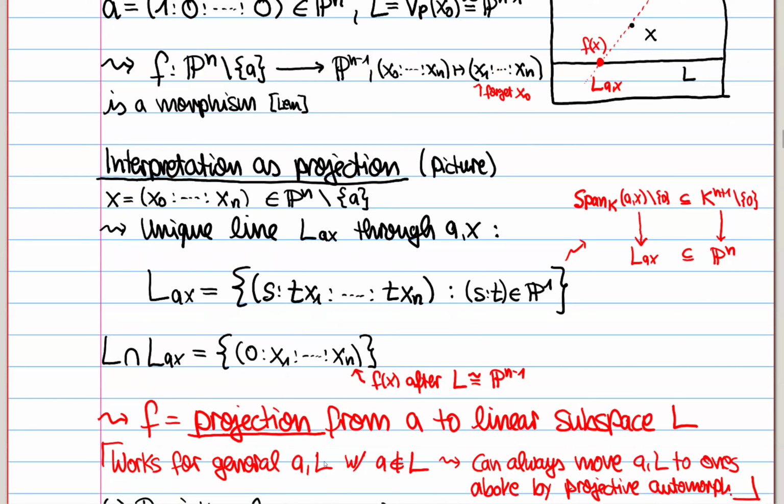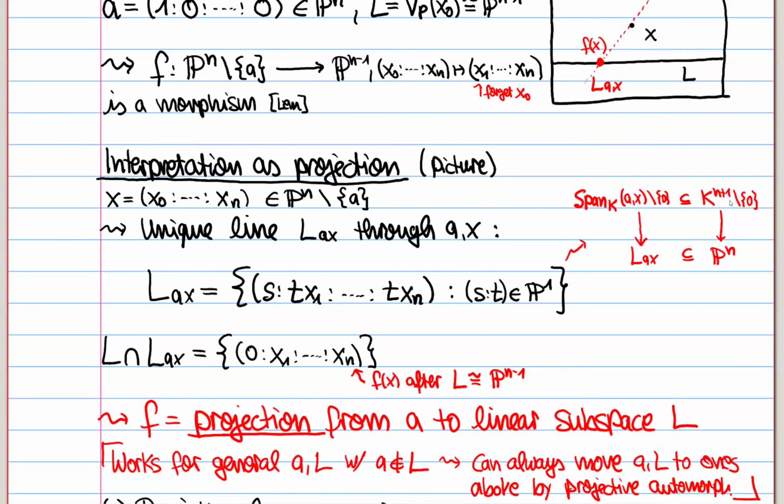You can compute the line from A to x, intersect it with L, get an intersection point, and write down the corresponding map. This is fine. What you can also do, last time we have seen these projective automorphisms, which are basically a change of basis inside K^(n+1) by some general linear element.